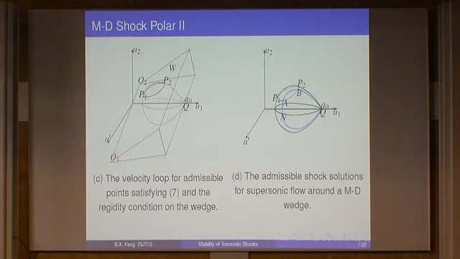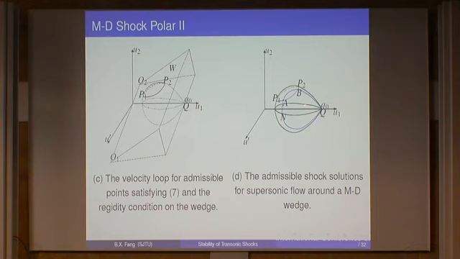If this plane has intersections with the shock balloon, there should also be a loop on the shock balloon, this P1, P2 here. This is decided by the boundary conditions on the wedge. So we see that the shock solution to the given wedge should be the intersection of this loop and the shock polar.